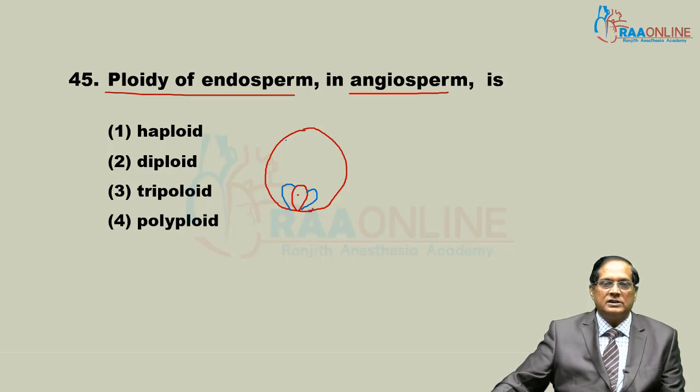This complete structure is the egg apparatus. Towards the chalazal region, three antipodal cells are present. And in the center is the largest cell of the female gametophyte, with two polar nuclei.